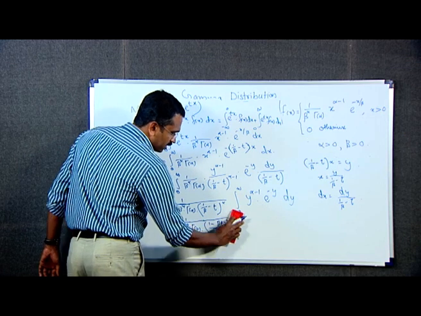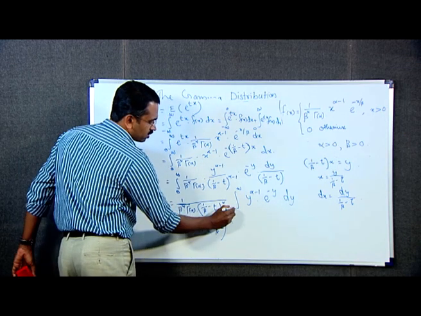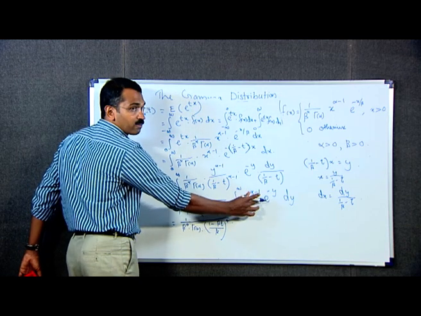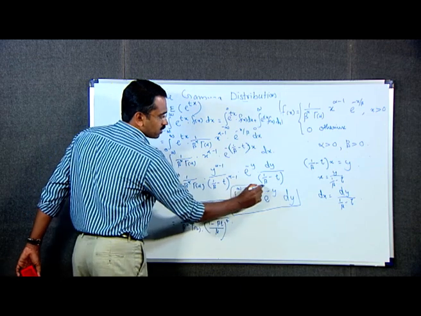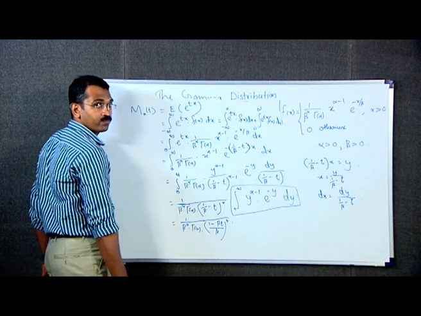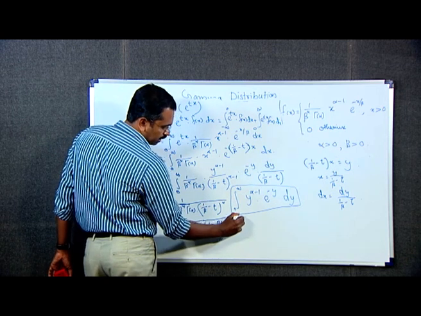By the definition of the gamma function, integral from 0 to infinity y raised to alpha minus 1 into e raised to minus y dy is gamma alpha.